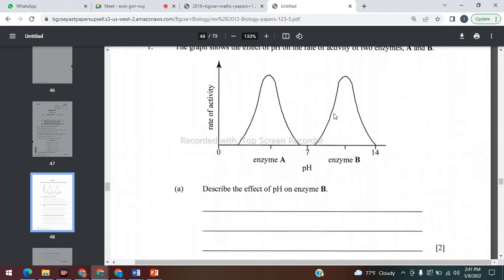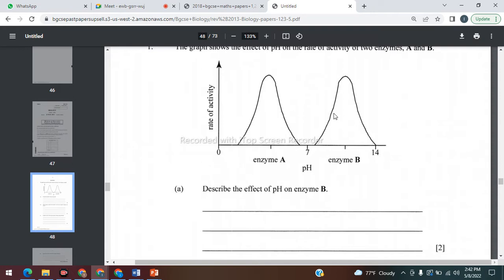Like from pH level 7 to what? 7, 8, 9, 10, like 7 to 10, it works, but after that it gets denatured from 10 and above. Okay.